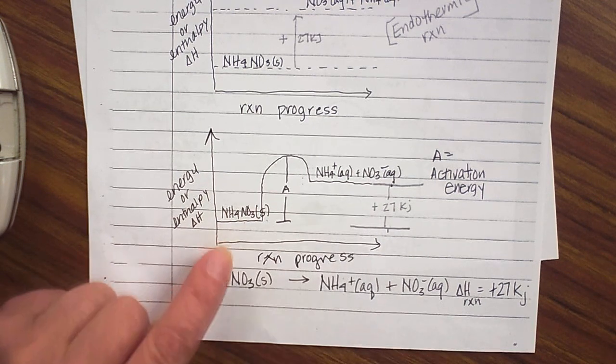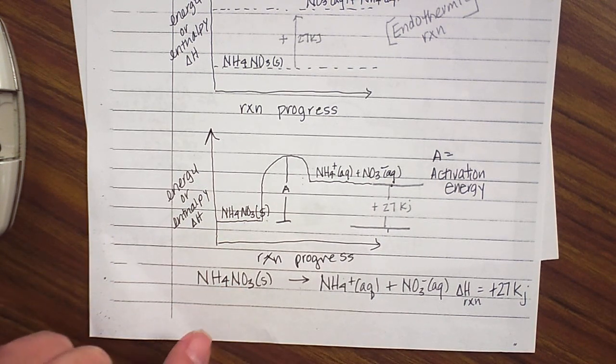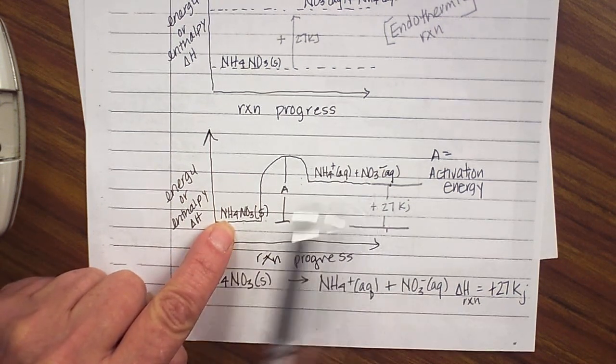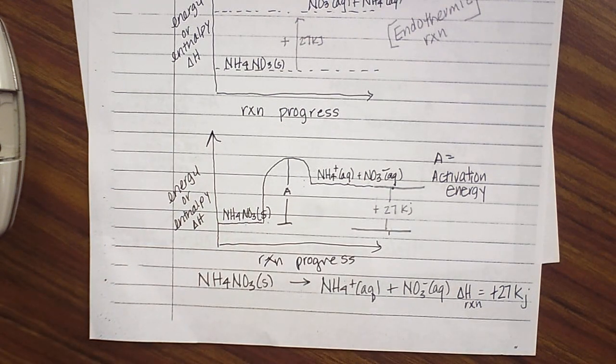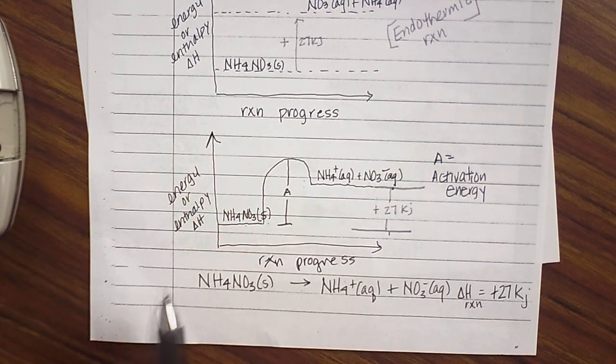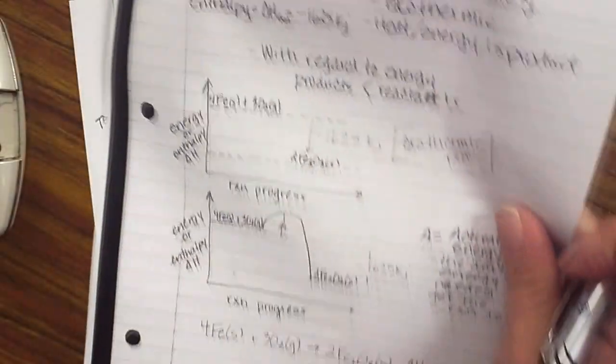The products have more carbon. So did you have to add carbon in? You did. So is it endocarbon or exocarbon? Endocarbon. Because I had to add carbon in to get my products to have more carbon than my reactant. Obviously, there's no carbon in this reaction, so this is just like a little example, right? Okay, just substitute the word carbon and then ask yourself, if this was a reaction with carbon in it and the products had more carbon than the reactants, would I have to add more carbon? Yes, you would.